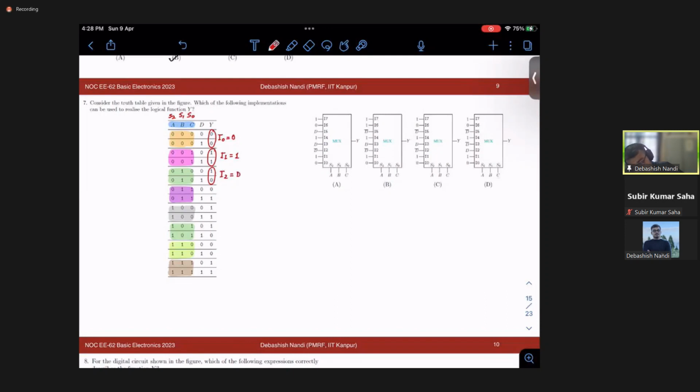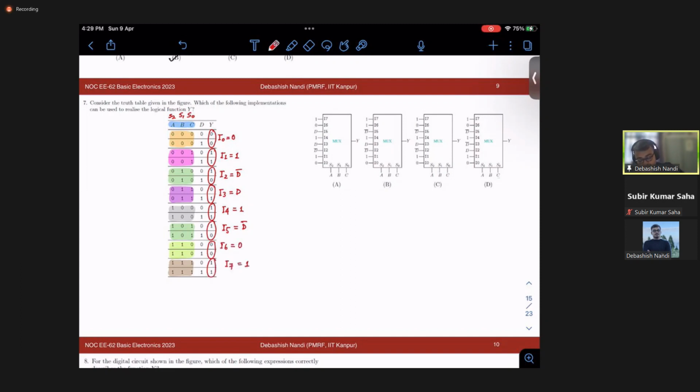So it is nothing but d bar. In this case, it is nothing but d. Similarly, your I4 is nothing but 1. Your I5 is nothing but d bar. I6 is nothing but 0. And your I7 is nothing but 1.